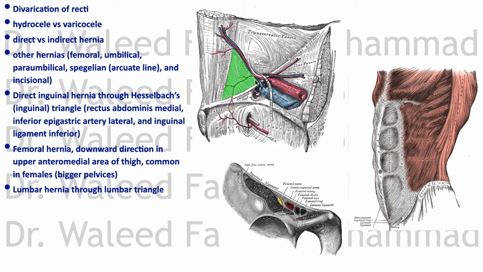This is called the inguinal triangle, or Hesselbach's triangle. It's bounded medially by the lateral border of the rectus abdominis, laterally by the inferior epigastric vessels. Remember, they are medial to the deep ring, of course. This is the position of the deep ring. And inferiorly by the inguinal ligament, this triangular area.